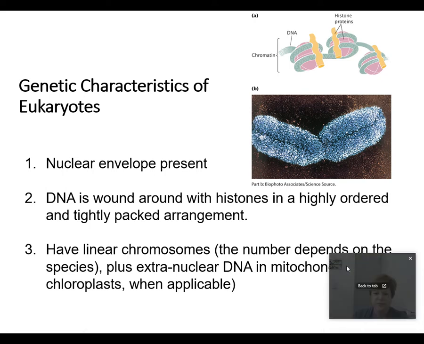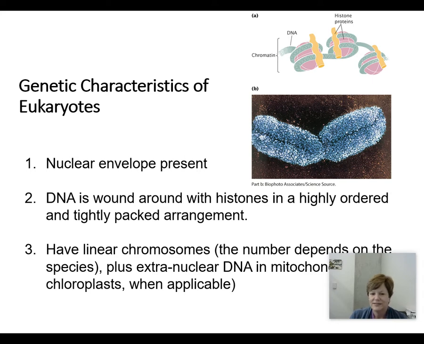So, for example, most human cells have 46 chromosomes per cell, and a mouse has 40 chromosomes per cell. And there's a type of deer that has 4 chromosomes per cell. Yeast, one of your model organisms, has 32.